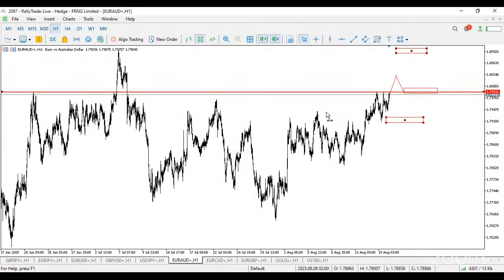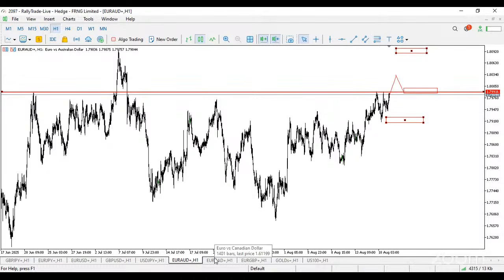People with a lot of risk appetite can simply use the other approach, which is to use a buy stop above this resistance. So those are the two instant opportunities I'm seeing on the currency charts.